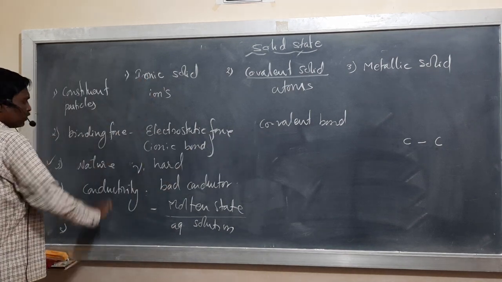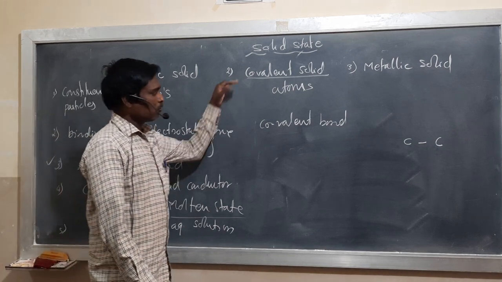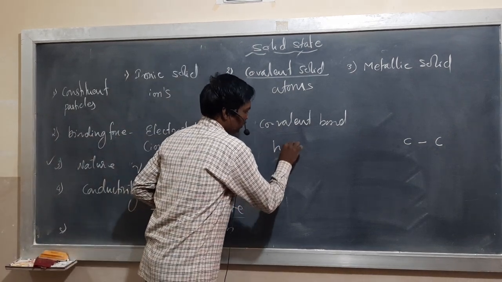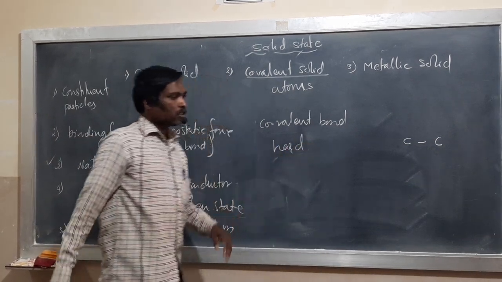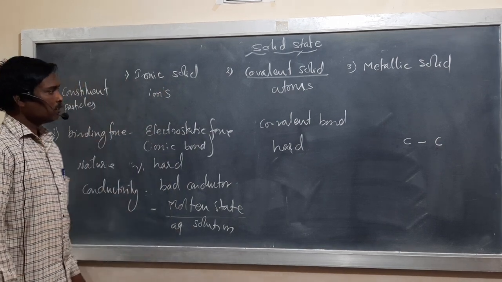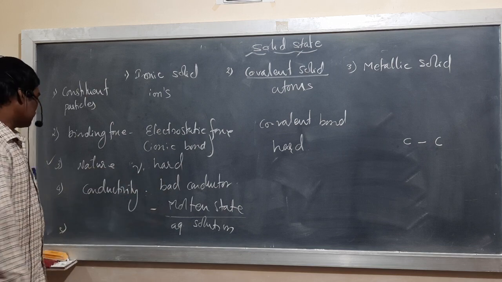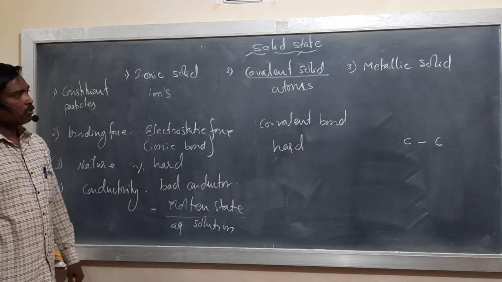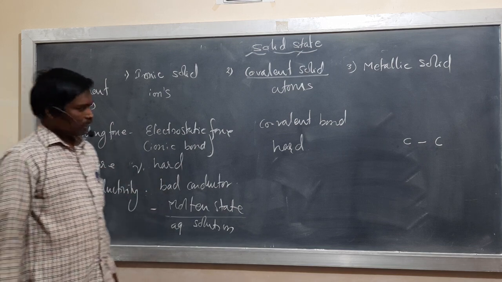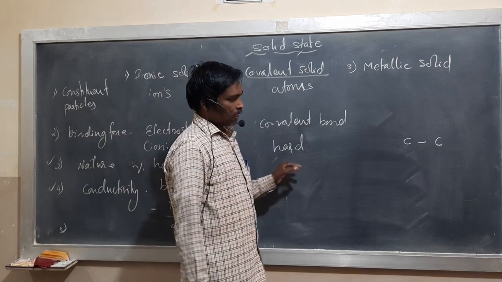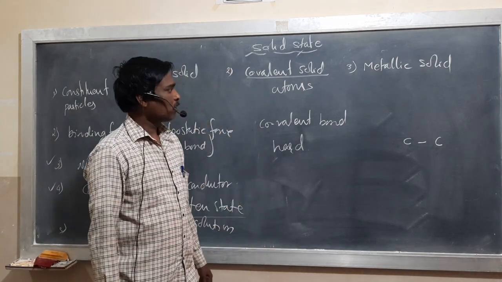And the nature of the covalent solids is that they are hard. For example, diamond is a very hard solid, and graphite is also a hard solid. The conductivity of covalent solids, we know, once again depends on the availability of free ions.